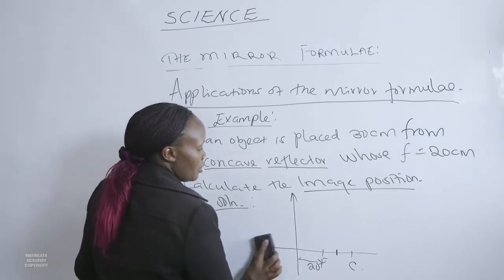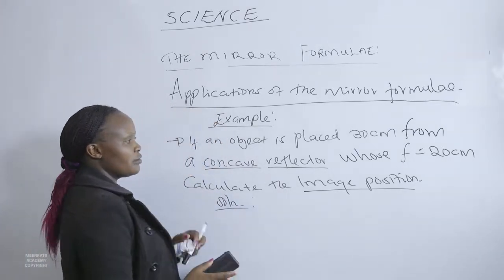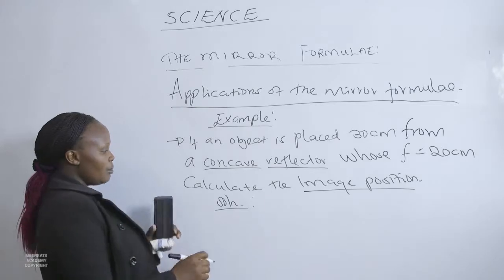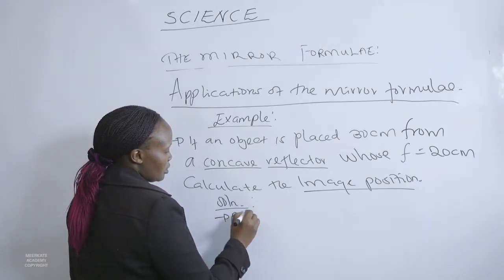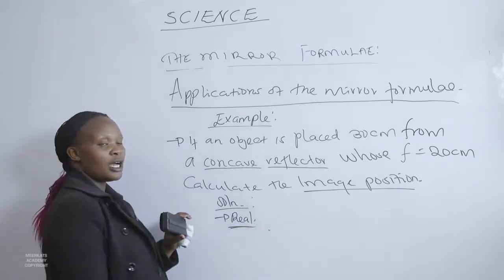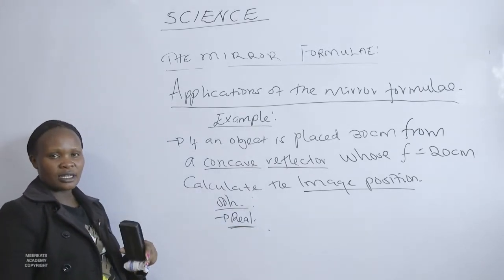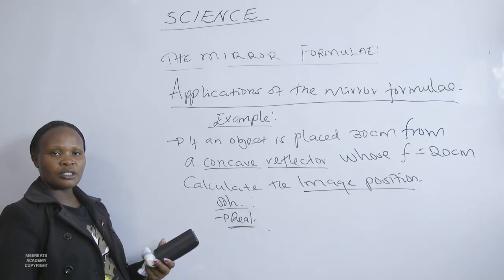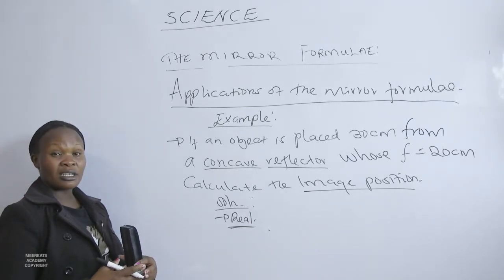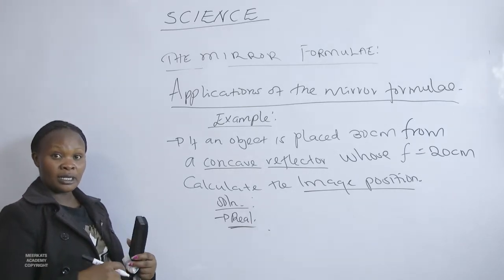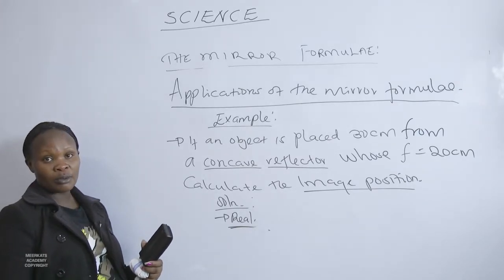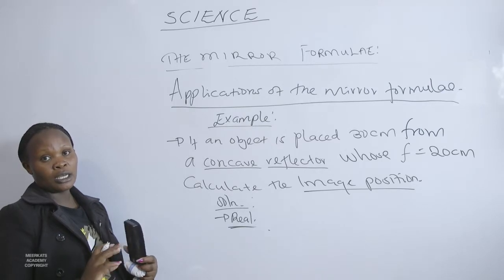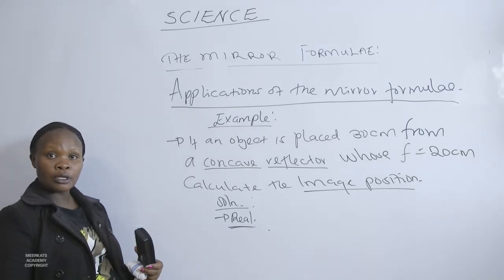Now, for a concave reflector, images formed are real, amongst other characteristics. We were able to establish that actually these mirrors form real images, apart from a situation where you've placed your object between F and the pole.